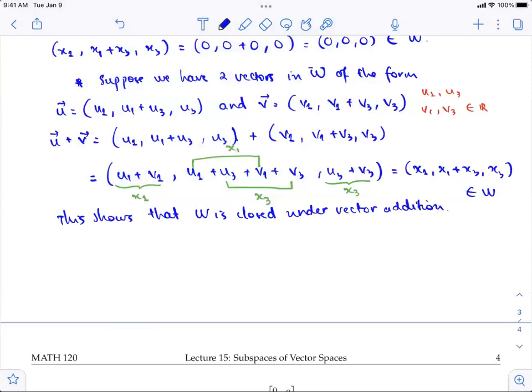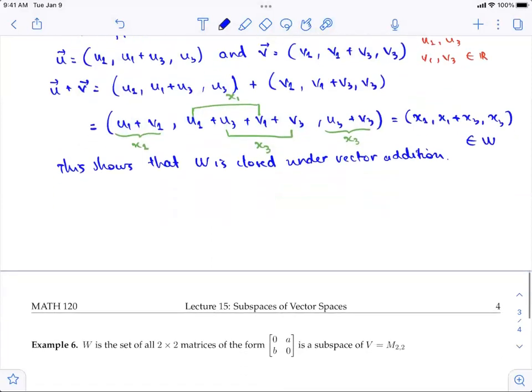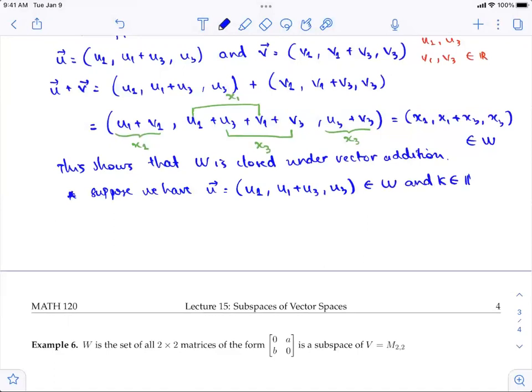Now we move on to the last property, that W needs to be closed under scalar multiplication. Suppose we have u = (u1, u1 + u3, u3) in W, and some constant or scalar k, a real number.